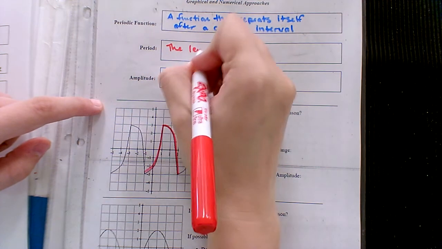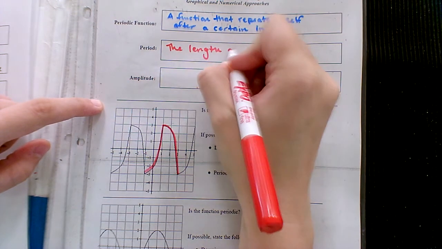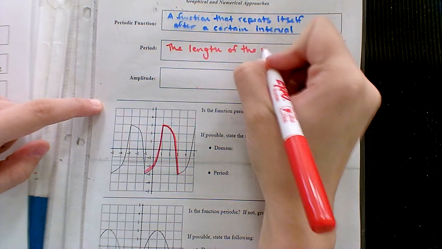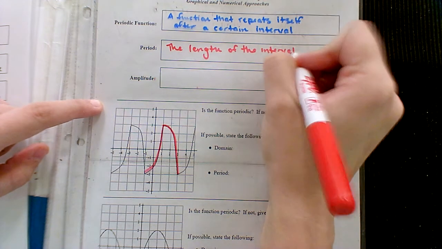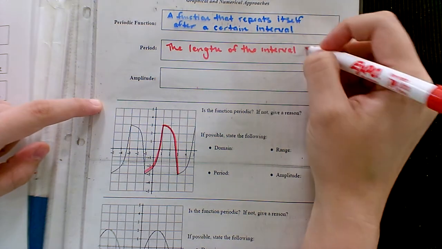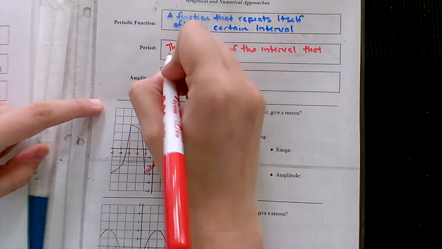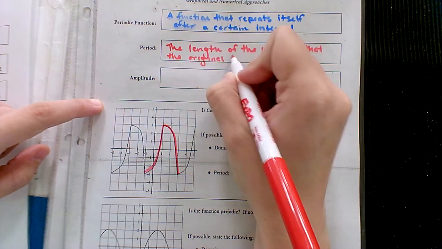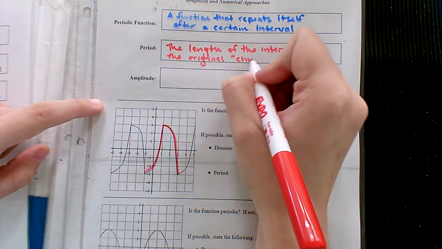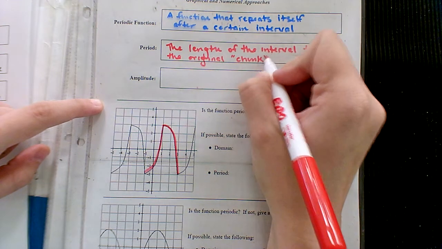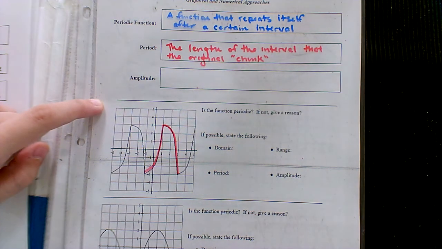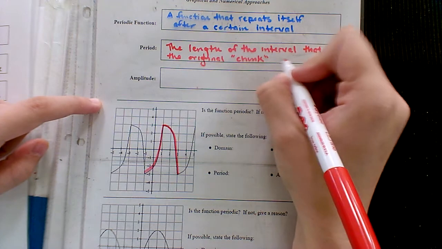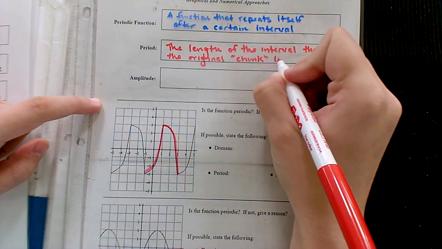So we'll say the length of the interval that the original, for lack of a better technical phrase, we'll say chunk. The length of the interval that the original chunk has.